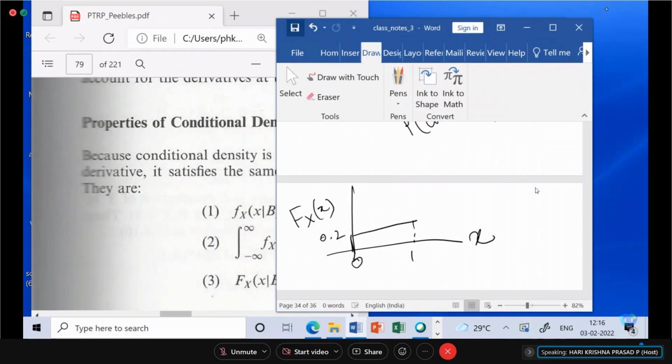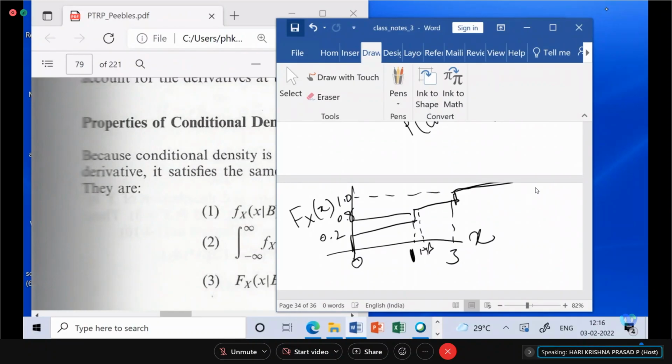Then x equal to 1, say 0.8. Then x equal to 3, this is 0.2. In this distribution function, what the sixth property says is, when you consider value 1, start at a value higher than 1, maybe here, 1 plus delta.